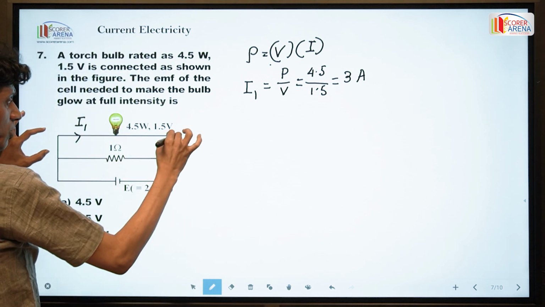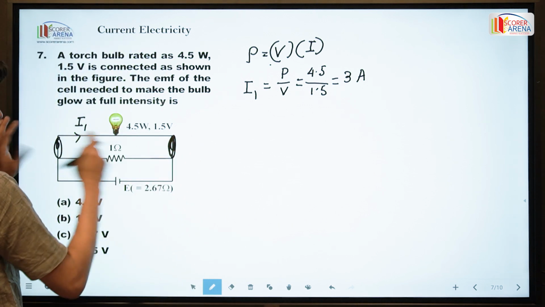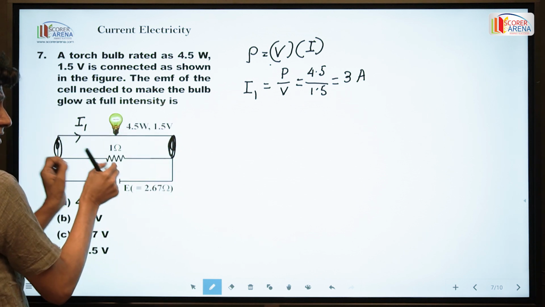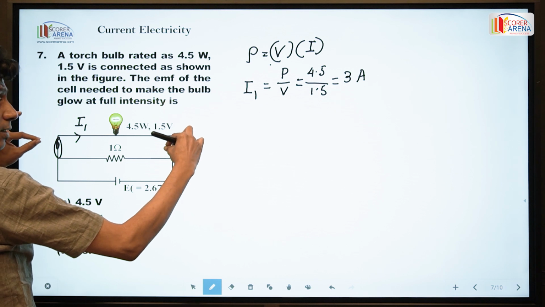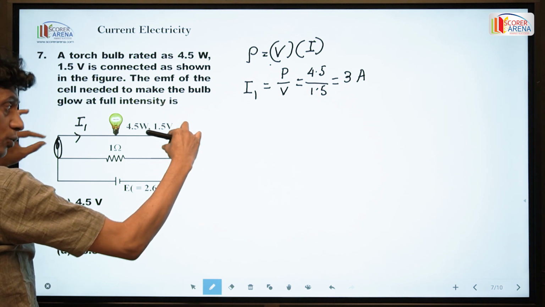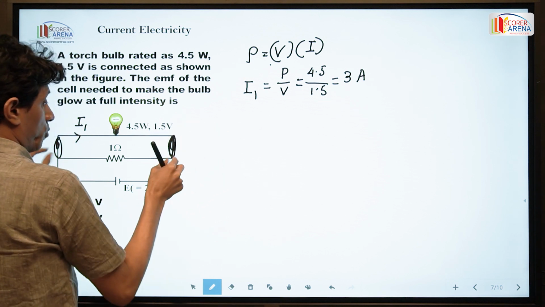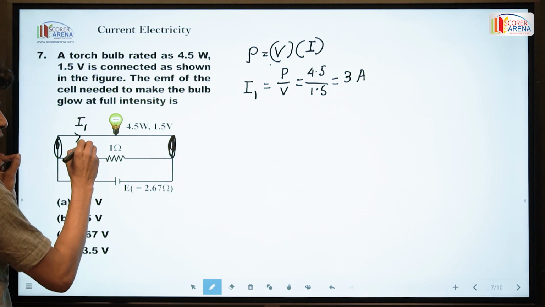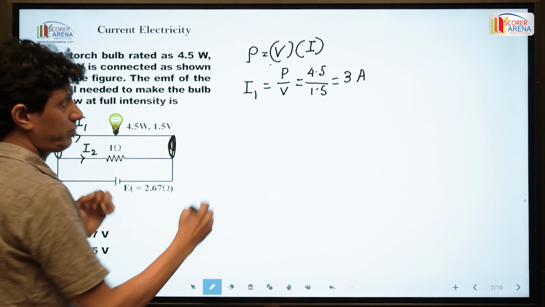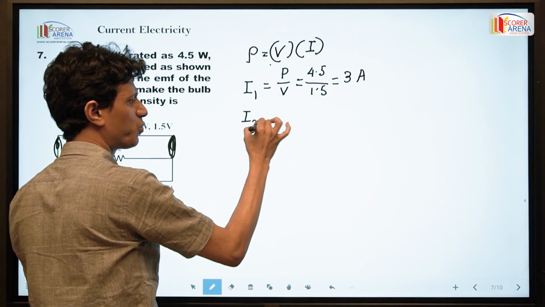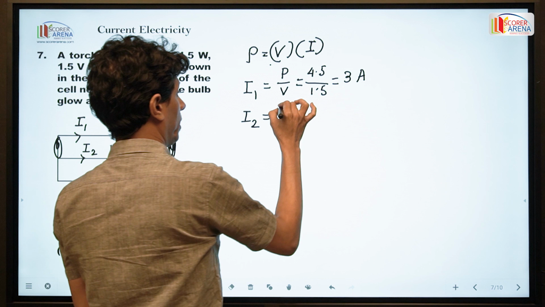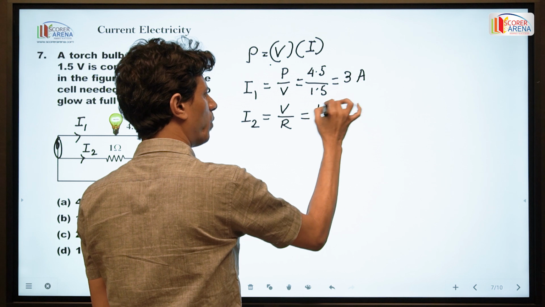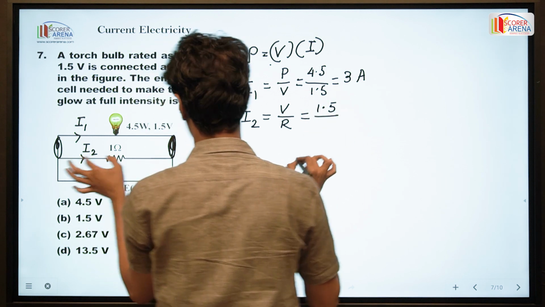And the potential difference across this is 1.5 volt, since the lamp and this resistance are connected in parallel through the common point. So the potential difference across the 1 ohm is also 1.5 volt. The current through this branch is I2, which is V by R, that is 1.5 volt and 1 ohm.